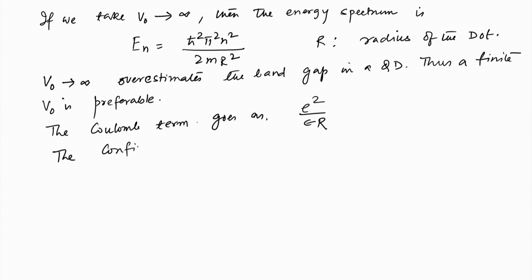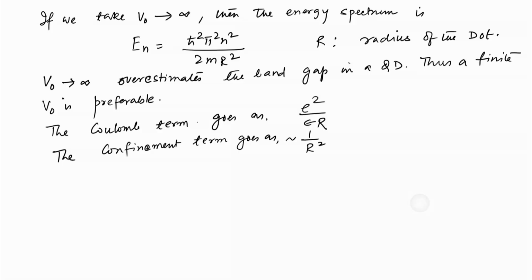The confinement term goes as 1 over r square, as we just said. This is of course for infinite potential, but nevertheless we can take a value for V_0 and convince ourselves that the confinement potential goes as 1 over r square versus 1 over r for the electrostatic term, which is just the Coulomb term.